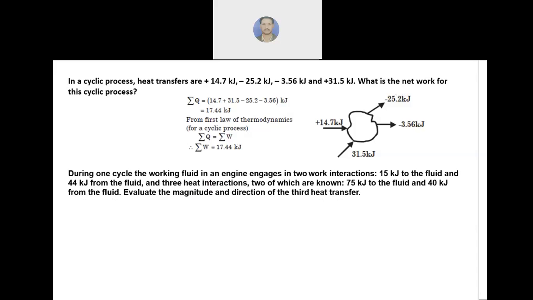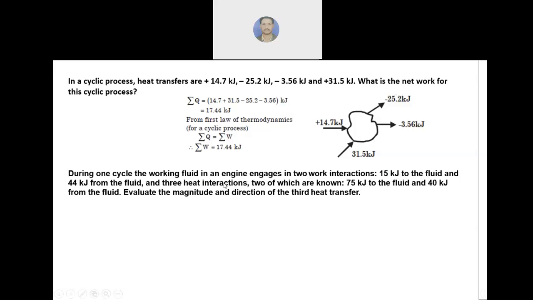Okay. Next numerical. During a cycle, the working fluid in an engine engages in two work interactions: 15 kilojoule to the fluid and 44 kilojoule from the fluid.